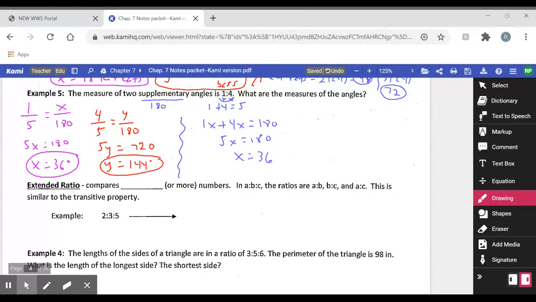And since angle 1 is represented by the 1x, I'm just going 1 times 36, which gives me 36 degrees. This other angle is represented by the 4x, which is 4 times 36, which gives me 144 degrees. So again, sometimes there's more than one way to think about it.